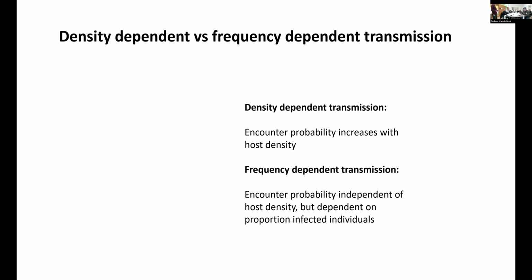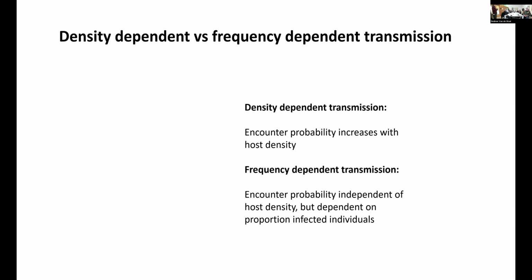That's true for all the handshake diseases, pretty much. Like if you go into a club, it's crowded, somebody is having a cough, it's quite easy to catch it. Frequency dependent actually is independent of the density of the host population, but it depends on the proportion of infected individuals. So it's more often the case in vector transmitted diseases.